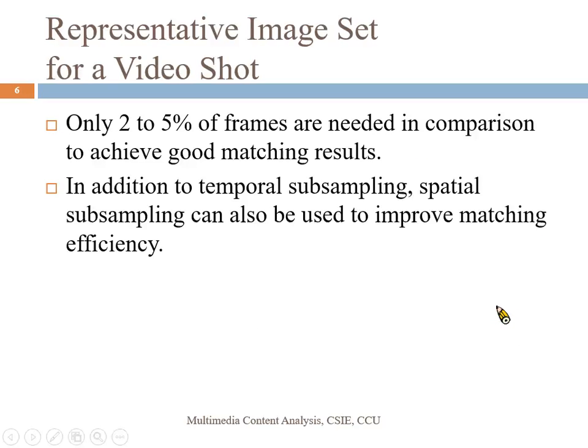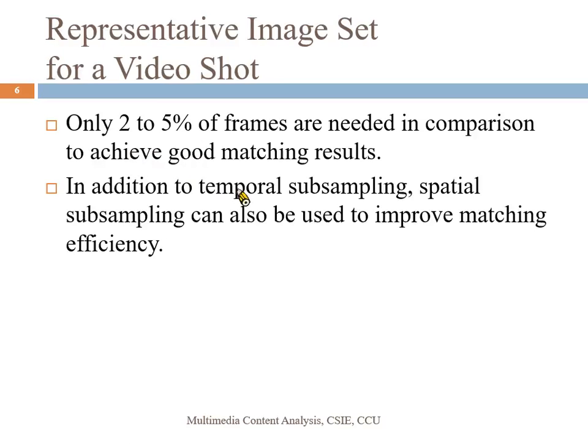And according to their experiment, only 2% to 5% of frames are needed in comparison to achieve good matching results. Okay, so we can just extract these video frames to calculate the similarity.